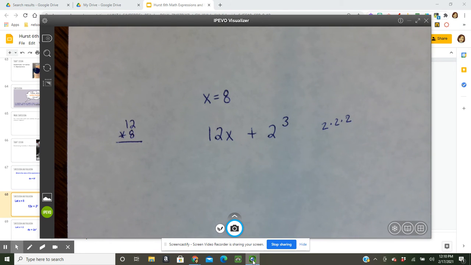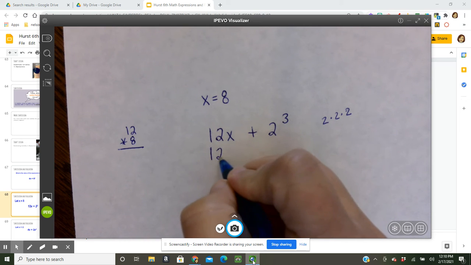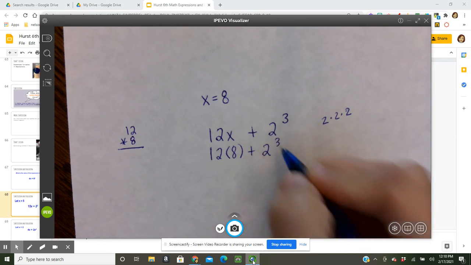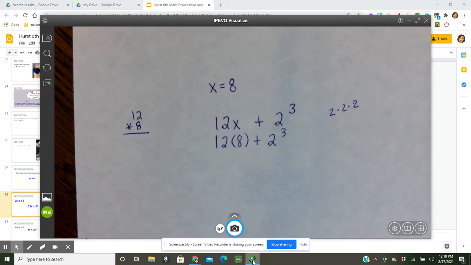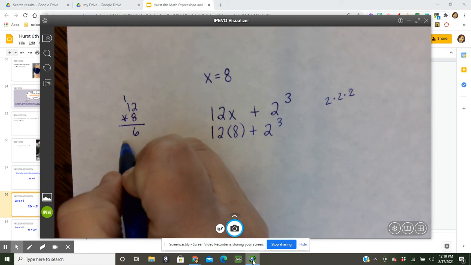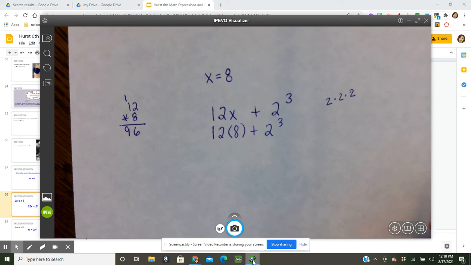All right, hopefully you paused and worked that out. So 12, we're going to replace this x, substitute in with an 8, and rewrite our problem. So it looks like this. And if you did not know 12 times 8, go over here to the side, multiply that out, and I get 96.